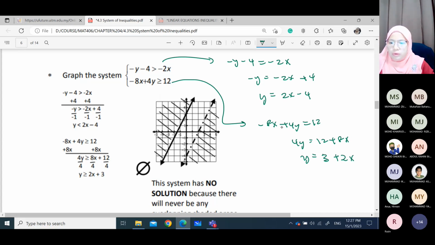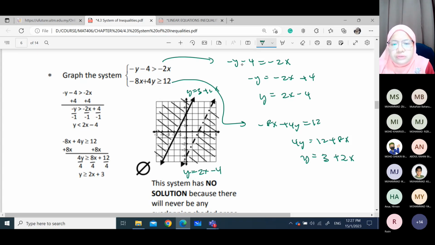Okay, you plot graph and we have this one. So graph yang dash line ni adalah y equal to 2x minus 4, and for solid line here is y equal to 3 plus 2x. Okay, so now kita shade dia punya region.